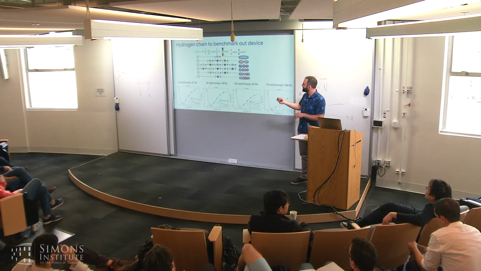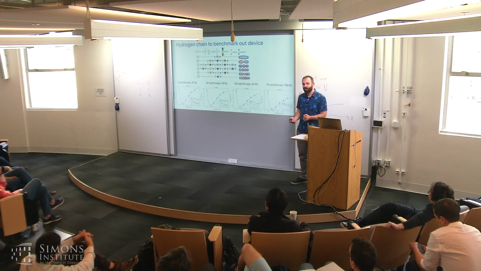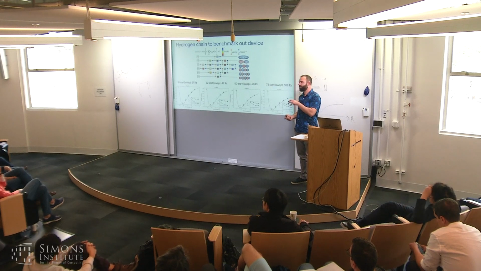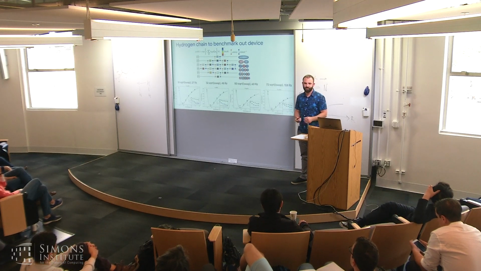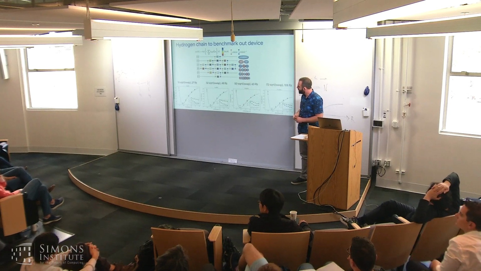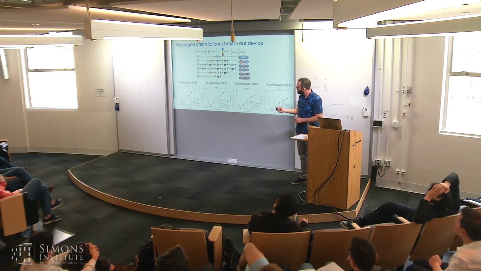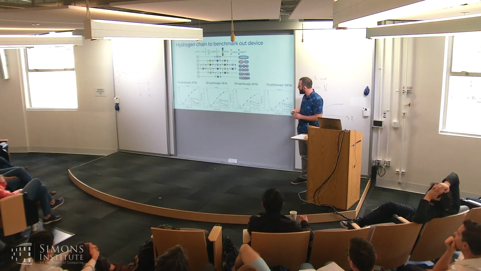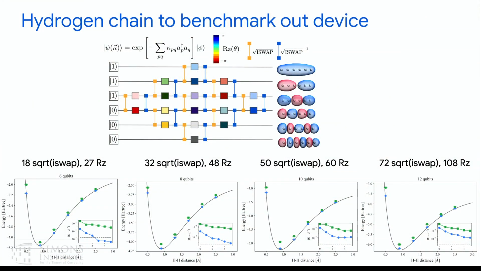The RZs are a function of what these kappas are, and there's actually fewer variational parameters than there are RZs. Can you say how many variational parameters there are? Well, I don't recall exactly, but 27 RZs. I think it's a little bit less than half, probably. So there's probably about 50 variational parameters here. Maybe like 12 here, roughly.